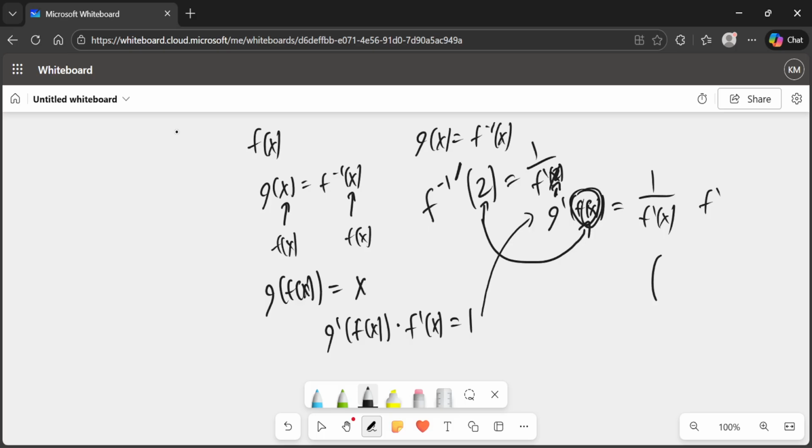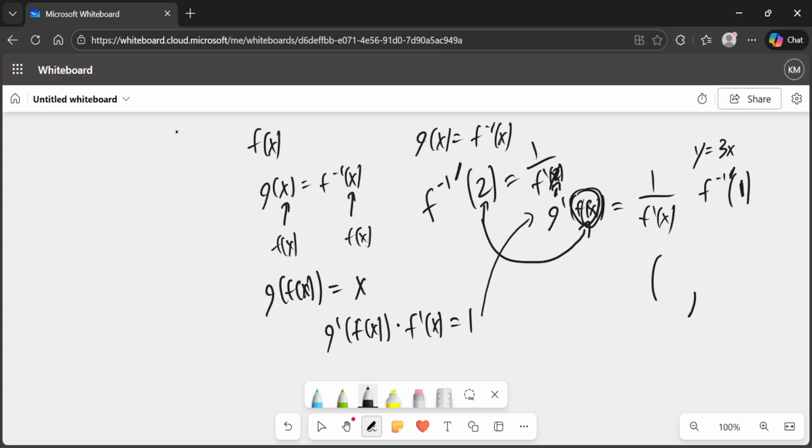Let me give a quick example. Say y is equal to 3x, and it asks for the f inverse prime of, let's say, 1.